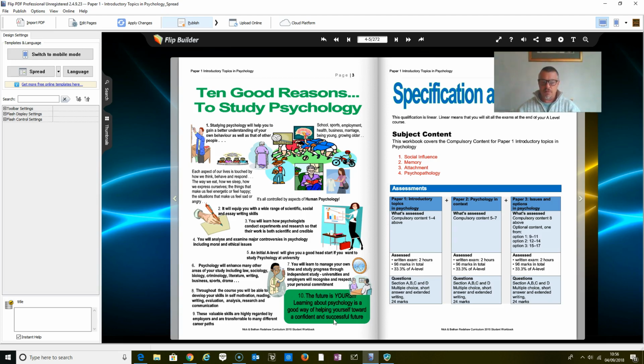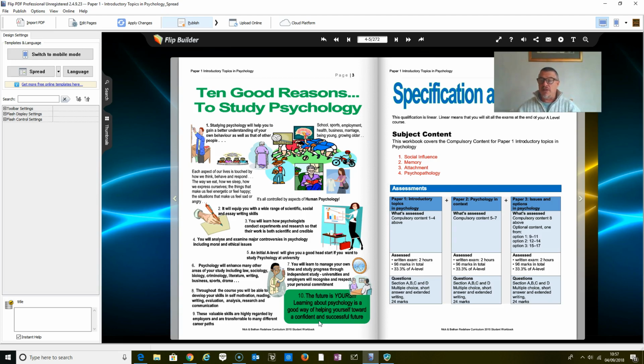Throughout the course, you will be able to develop your skills in self-motivation, reading, writing, evaluation, analysis, research, and communication. As I've already said, you're watching this, go on Google, and so on. These valuable skills are highly regarded by employers and are transferable to many different career paths.